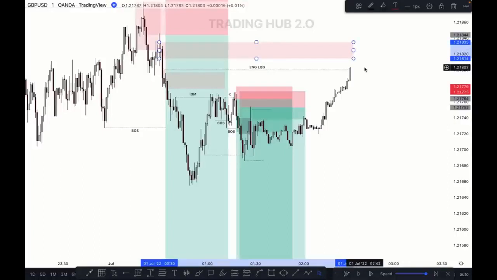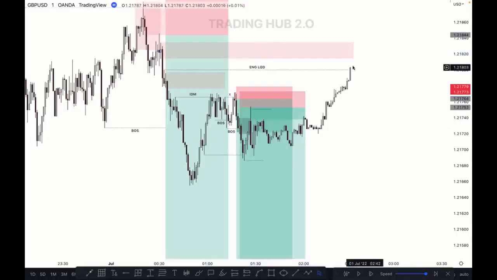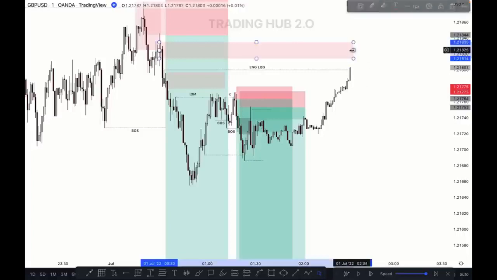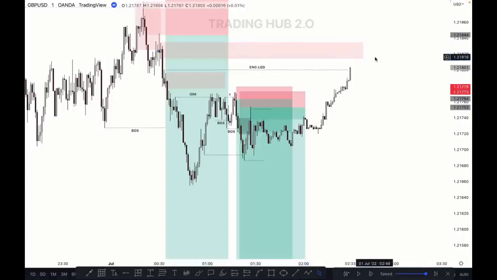As I told you in the previous entry type 2, the market may take out this high and close above it, and then you can apply the same rule, entry type 2. Okay, if the market sweeps this high, then you have to apply entry type 3. Okay, if the market mitigates this order block, then you have to apply entry type 1. Okay, let's see what will happen after this.